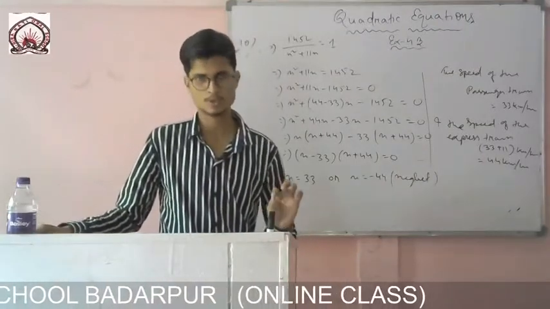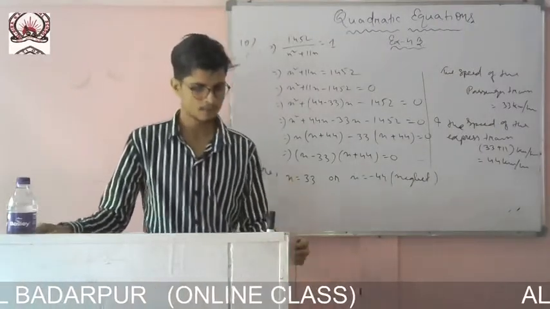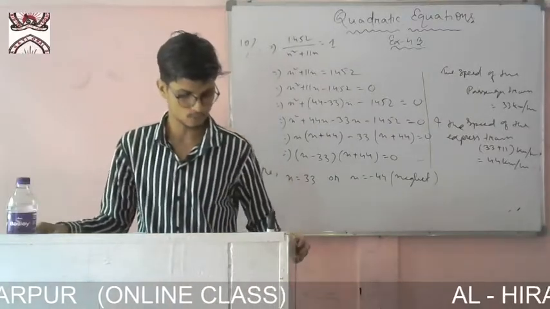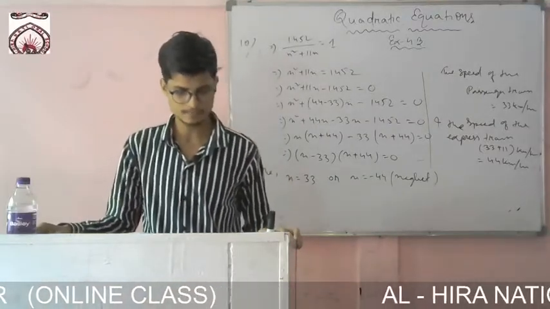So now the last question of this exercise: the sum of the areas of two squares is 468 meter square.